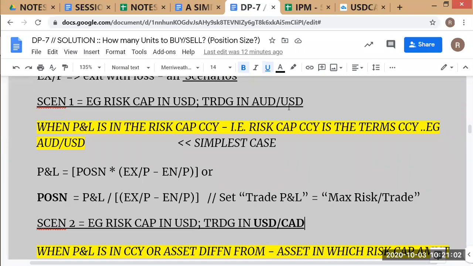Generally the PNL comes out in the terms currency, because trading is in units of the base currency. So the PNL was coming out in US dollars, which is also the same currency in which your risk capital is. Risk capital currency is US dollars and PNL currency is also US dollars. The simplest scenario.